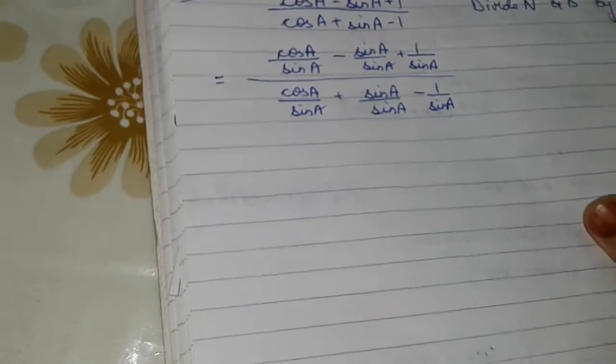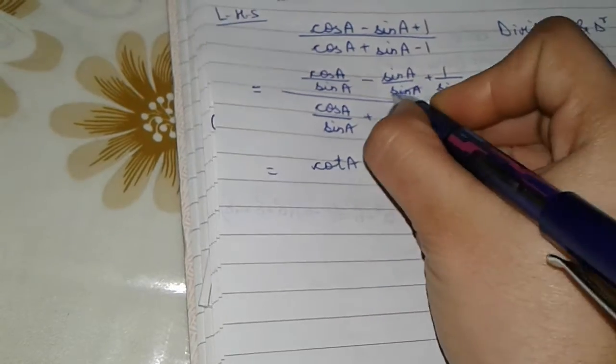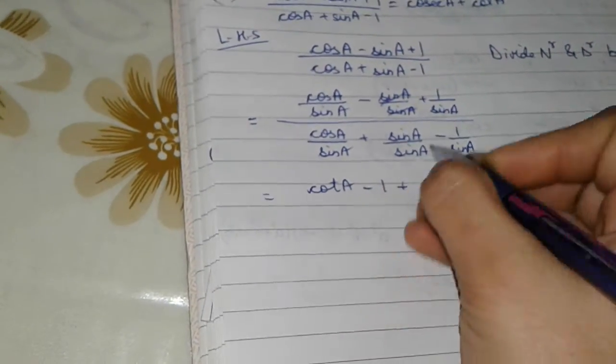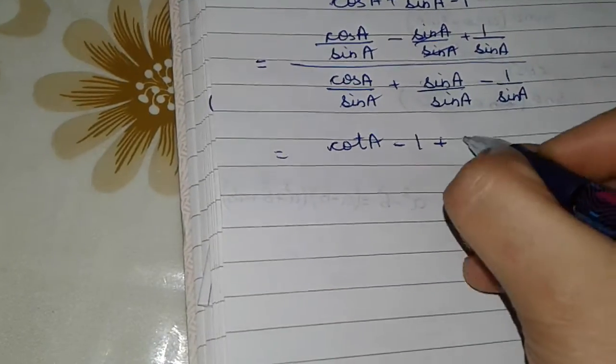Now this cos upon sin will be cot A. It will be cancelled out, minus 1, and this 1 upon sin A will be cosec A.